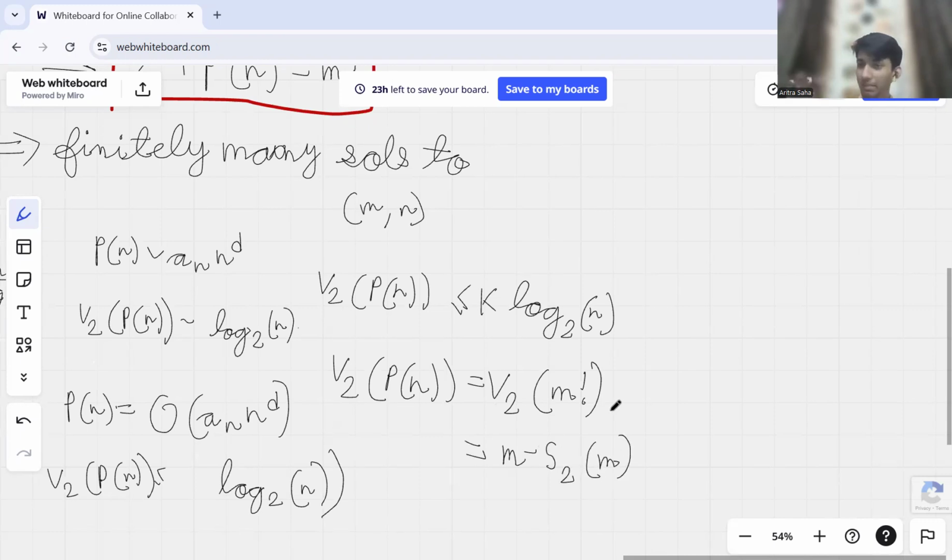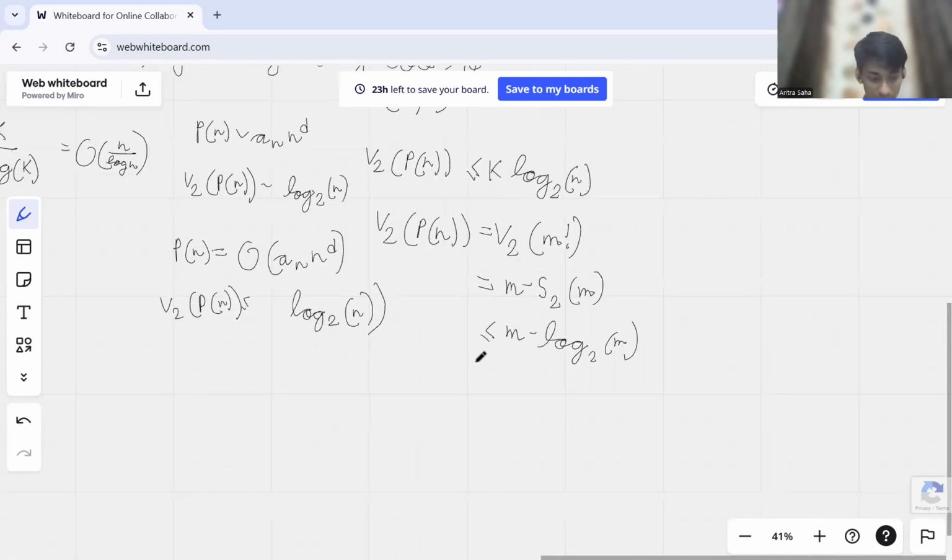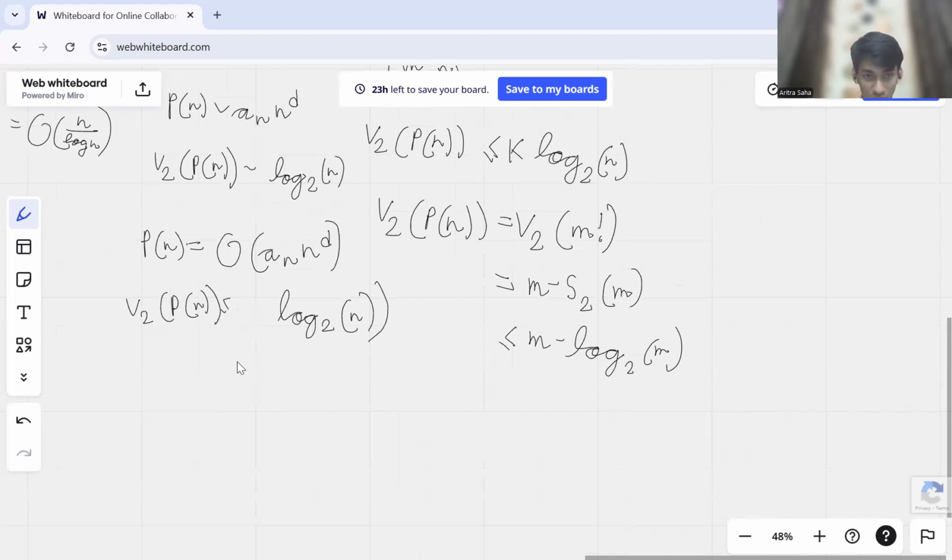If we write m in binary, it's the sum of digits in binary, which is bounded by log 2m. So V2 of Pn is m minus s2m, which is greater than m minus log 2m, because s2m is less than log 2m.